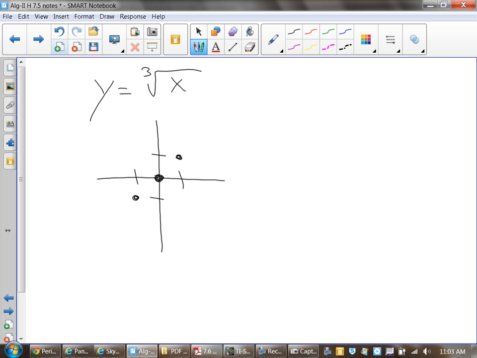What is the next cube root after positive 1? 8. Good. What is the cube root of 8? 2. So for all intents and purposes, do you agree that the graph is going to look like this? Yeah, similar, isn't it? It's scary, right?